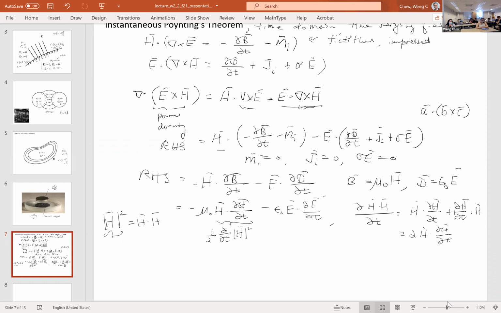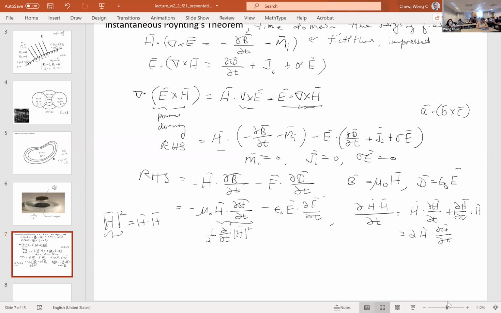We have not gone into the imaginary or the complex world yet. Later on, we will go there, but not at this point. Everything that we are dealing with now are real numbers. So all the E, H, D, B are all real numbers or real vectors. So that identity is not confusing at all in the real world.